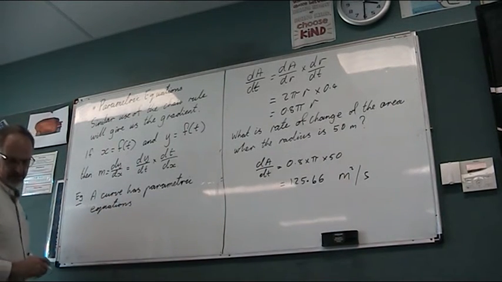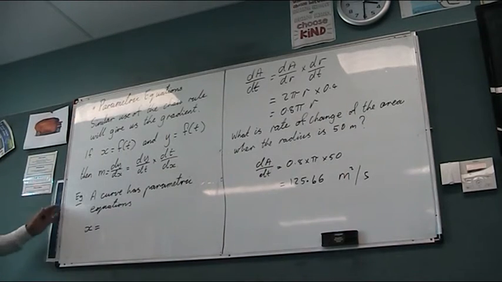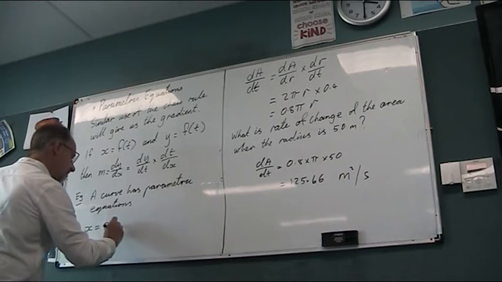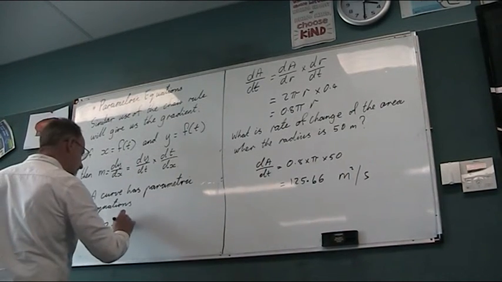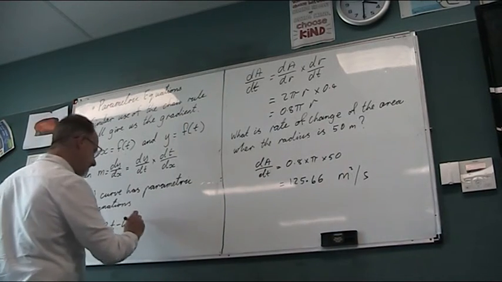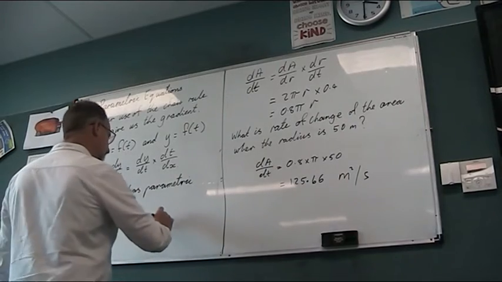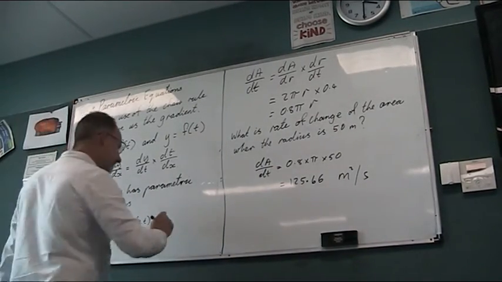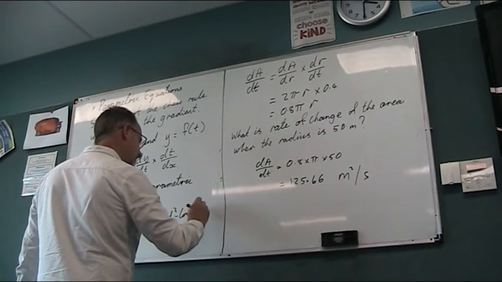So x is this one. Our parametric equations could be all sorts of interesting stuff. This particular one is x equals 2t minus log to the base e of 2t, and y in terms of t is t squared minus log to the base e of t cubed.